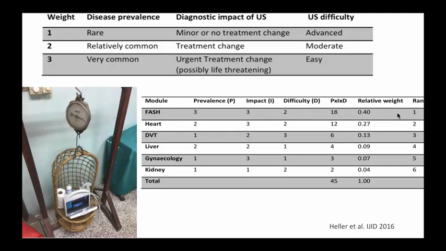And with this, it ranks the highest. But the second, the heart, is also relatively common, though not as common. It has a large impact because it changes your treatment, and the difficulty is also moderate, and that makes it rank second. And that's why the CURLS protocol is now in this course.